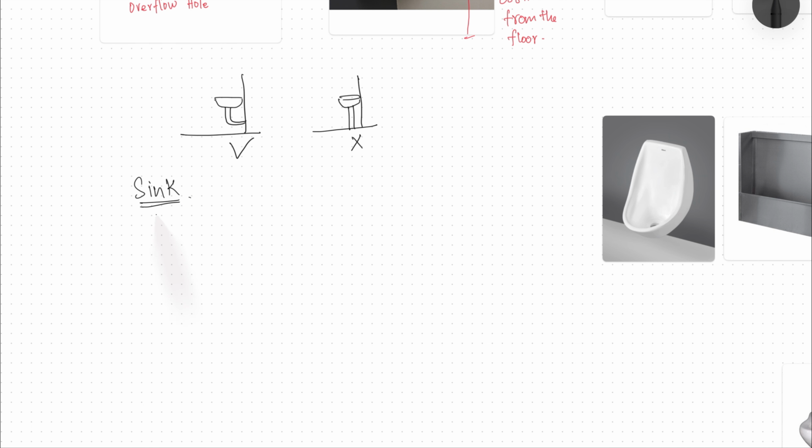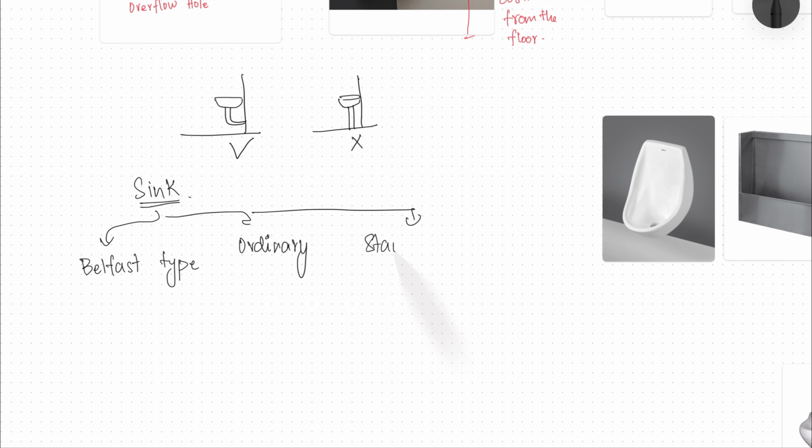You have Belfast type, ordinary, and stainless steel. In Belfast type, you have the overflow hole.